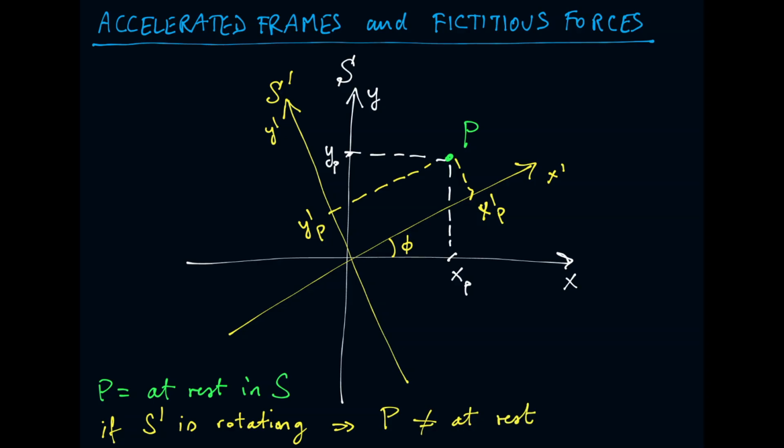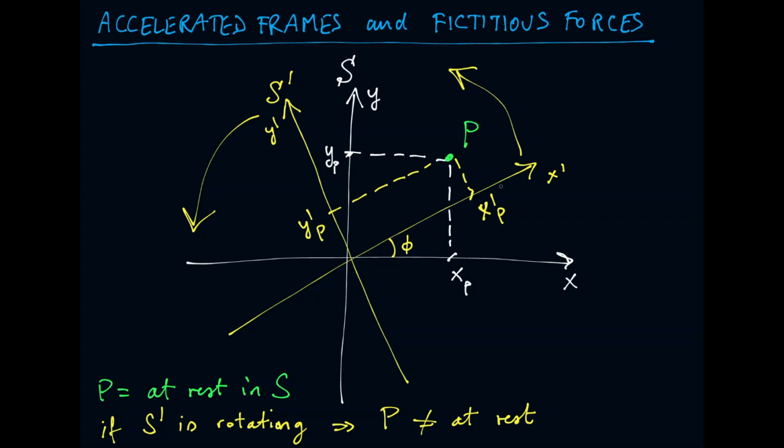Right? Imagine that the yellow axes move, for example, anti-clockwise, then definitely at some point the point P will cross the x prime axis and so on. And for sure the coordinates, the position of the point P, is not constant in S prime.